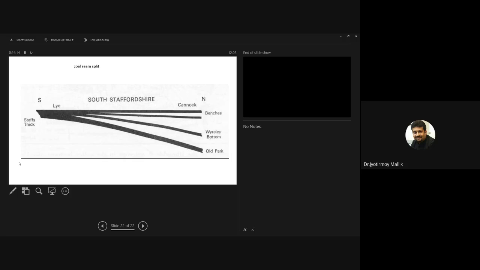You can see here that the coal seam is split. Because of the change in the depositional environment, this is perhaps more distal, and this is more proximal.